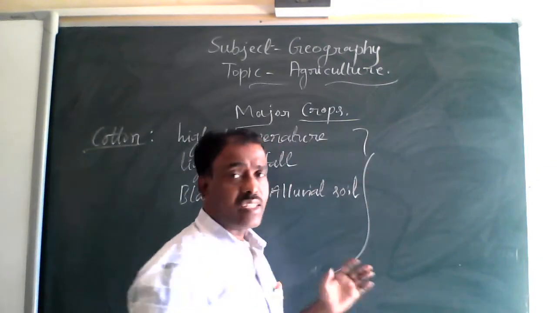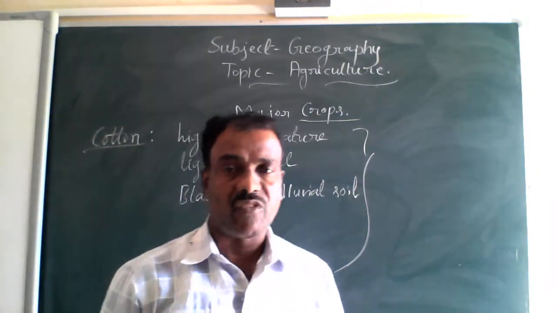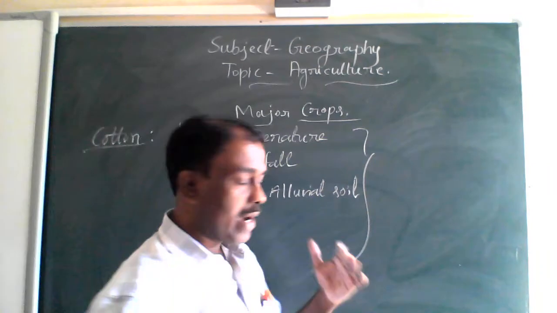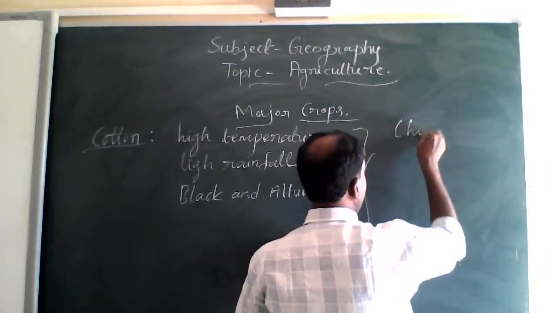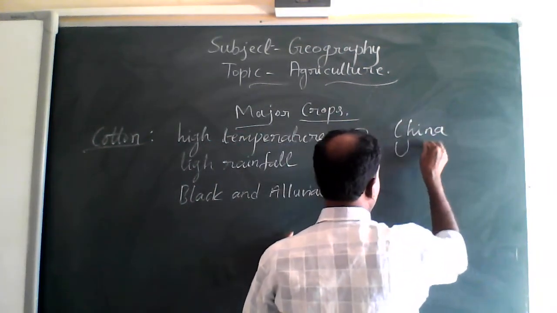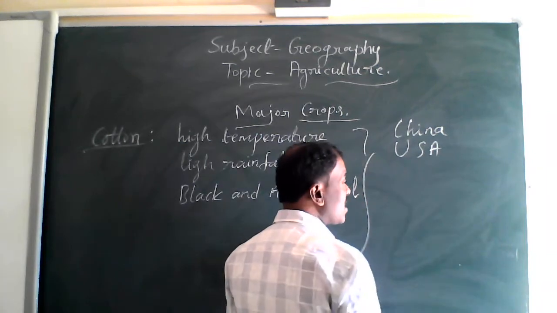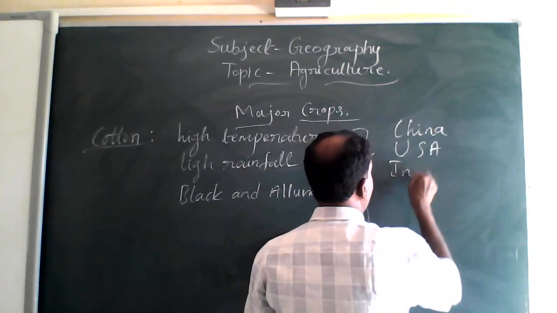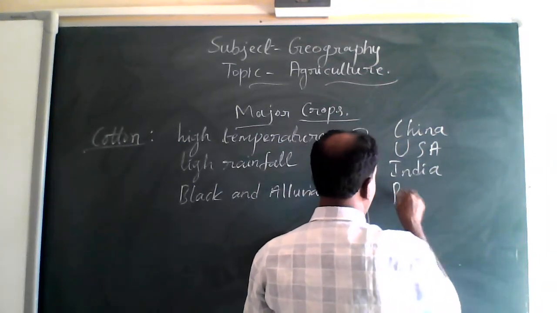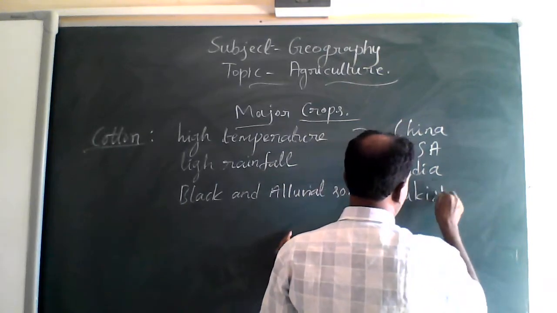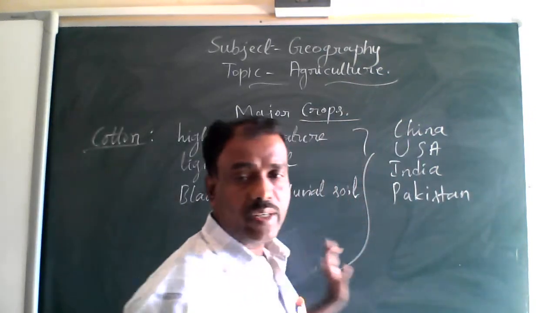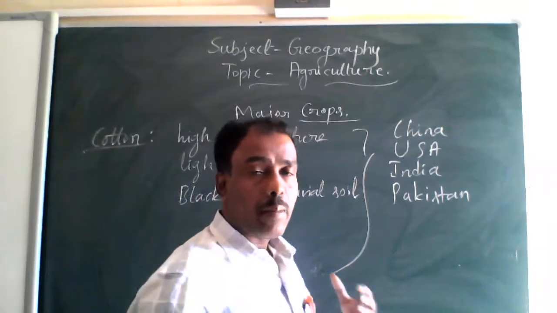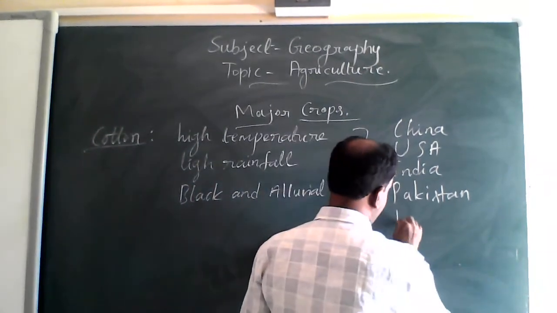The highest cotton producer in the world is China, followed by the USA, the United States of America, India, Pakistan, Brazil, and Egypt.